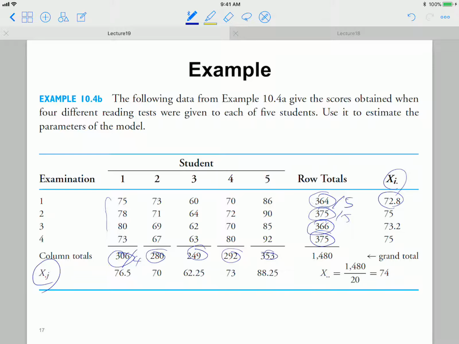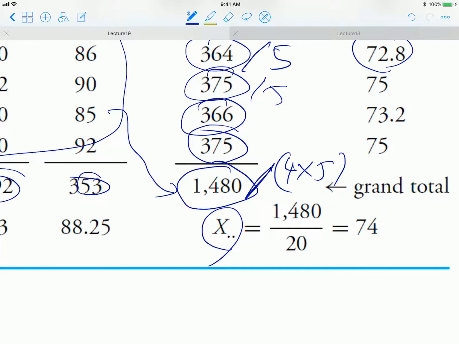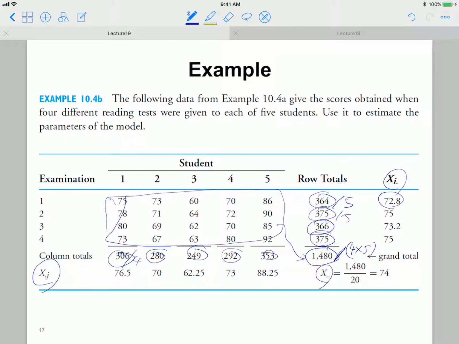And then we obtain this, which is the global total, or the total sum of all these values, and then divide it by 4 times 5. That way we obtain the estimate of the global mean value, which is represented as x dot dot.